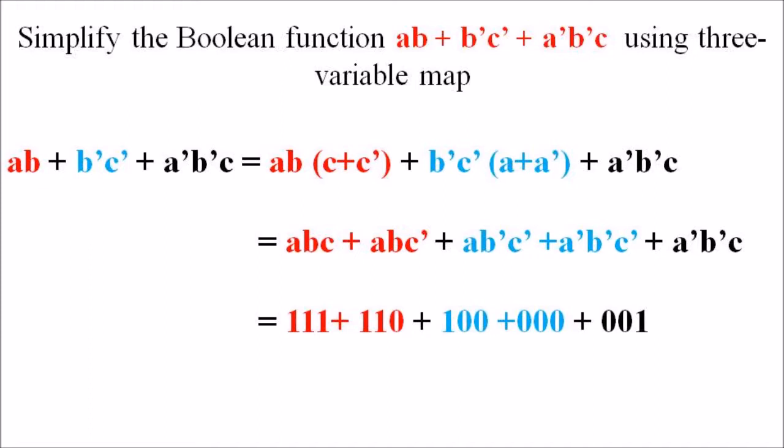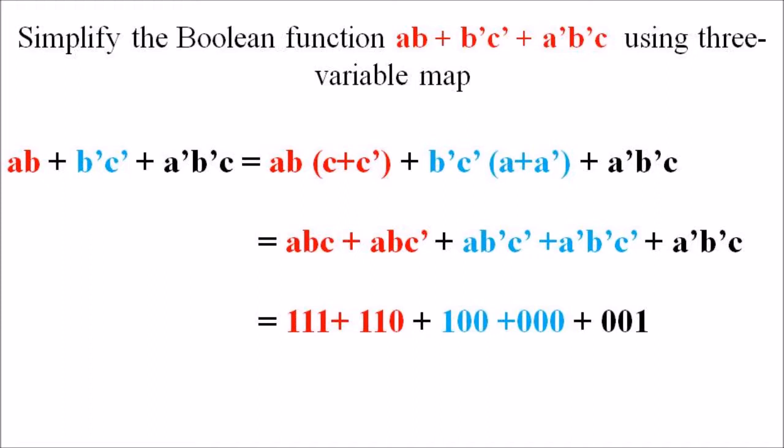The first term is AB, which is represented in the red color, is missing the variable C. Therefore, we should add C plus C bar to this term. And the second term, which is represented in the blue color, is missing the variable A. Therefore, A plus A bar should be added to this term.